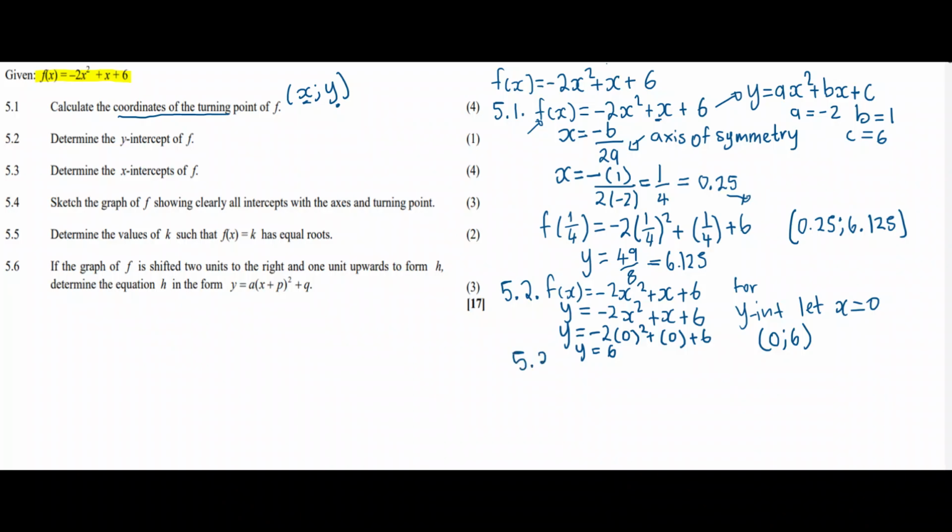And now we can move on to 5.3, which is the x-intercept of that. So to determine the x-intercept, we can still first copy down the equation of the function. Make sure that we copy down properly. Yes, it's over there. So now we'll say for the x-intercept, we would let y be 0.